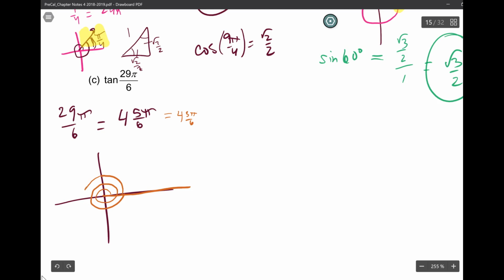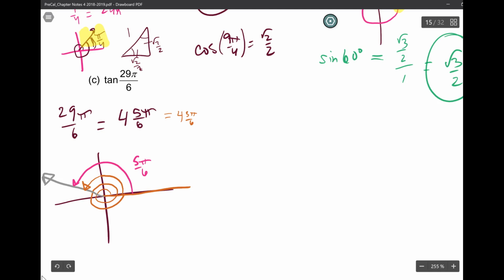Okay. Let me draw my terminal side. Okay. So right here, that's 4 and 5/6 pi. So I could think of this as 5 pi over 6, because technically going around twice takes into account the 4 pi, because each time around is 2 pi.